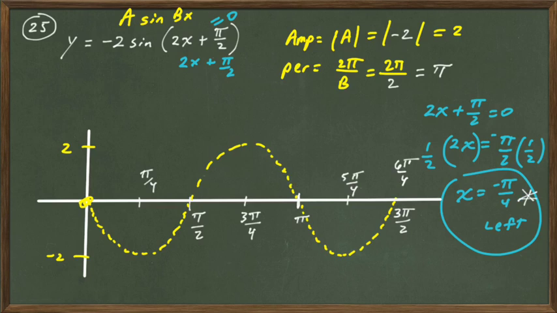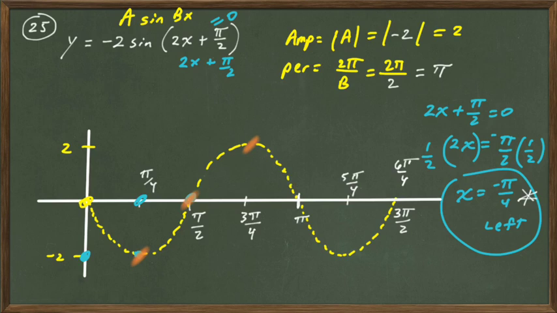So what is it going to do? If I take this right here and I move it pi over 4 to the left, would it be here? And if I took that one and that one, moved pi over 4 to the left. If I take this one and move it pi over 4 to the left, where would it be?